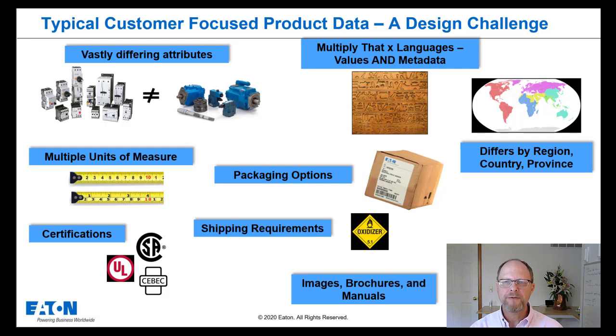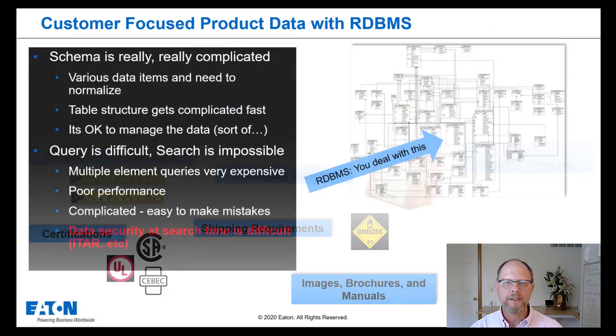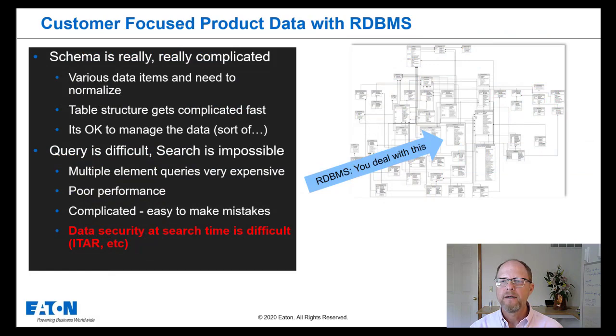So all this is very challenging, and when you step into the relational database world and you try and model this, you're going to get something that looks like this. This is a very faint ERD on the right hand side, and you'll see as you take all those things and all those data elements and normalize them, you get a very complicated schema.